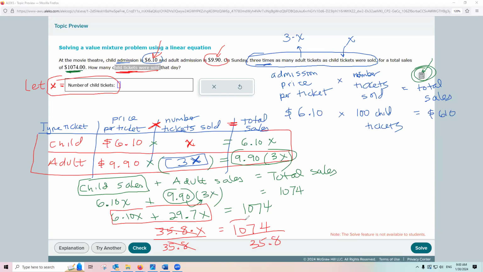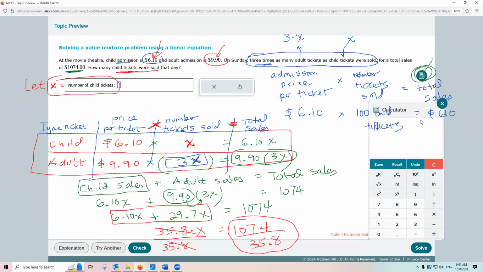And I'm going to work this fraction out on my calculator. So I'm going to work out 1074 divided by, let me show you the Alex calculator. That's better. Let's do it on the Alex calculator. So I'm going to come over here and click on the Alex calculator.